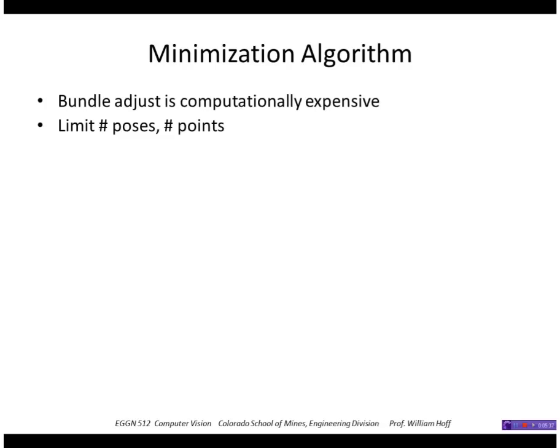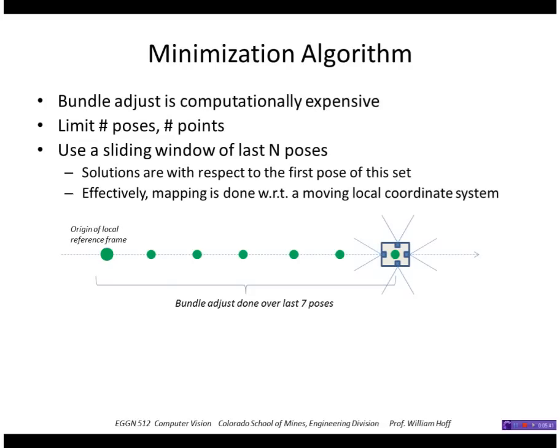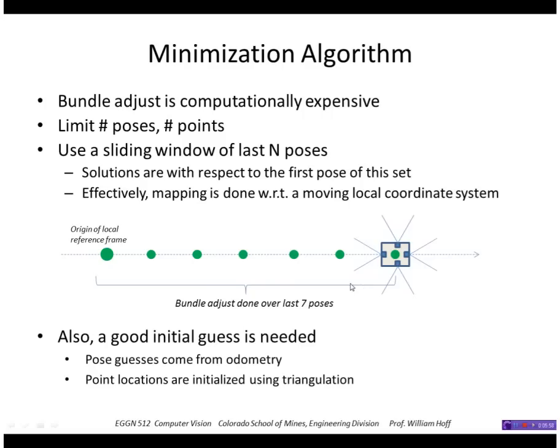Bundle adjustment is computationally expensive. One way to reduce the number of variables to compute is to use a sliding window like this. Rather than computing the poses for all the frames, just compute it for the last n frames, in this case 7 poses. We'll also need a good initial guess.